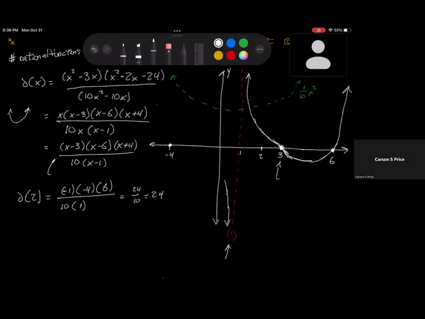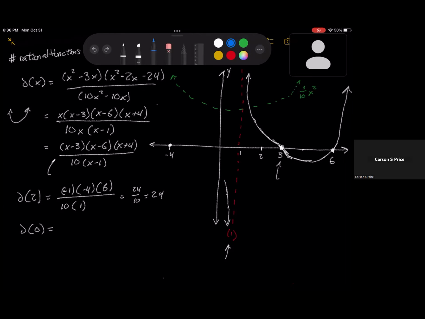So as I move towards my y-axis, I could ask myself, hey, where do I cross my y-axis? So let's evaluate d at 0 and see what we get. Oh, wait a minute. That was one of my removable discontinuities, right? x could not be 0. So as I move forward, I have an open circle at 0. Let's see what we get close to.